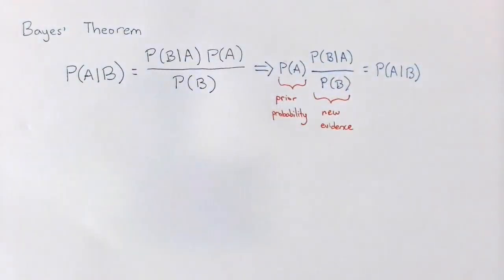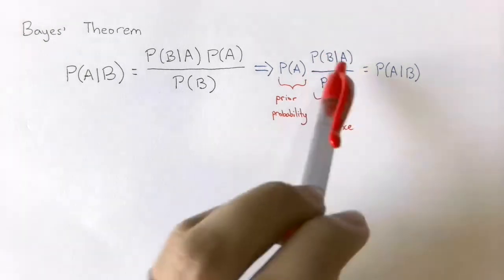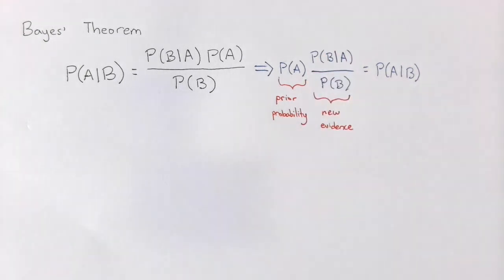Well, we have a conditional probability, in other words, the probability of B given that A happened. But then we also have the general probability of B occurring over the entire sample space. So what this new evidence is doing is giving us the support that this other event B will give towards A.